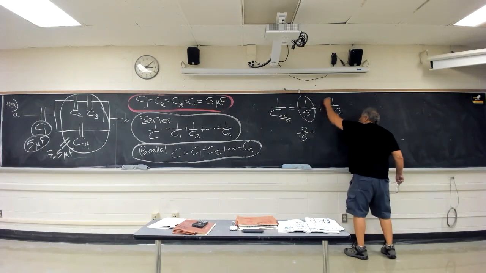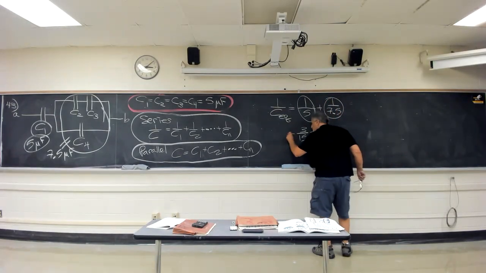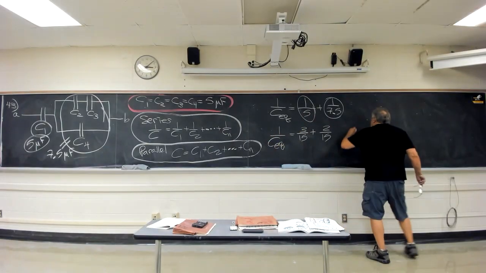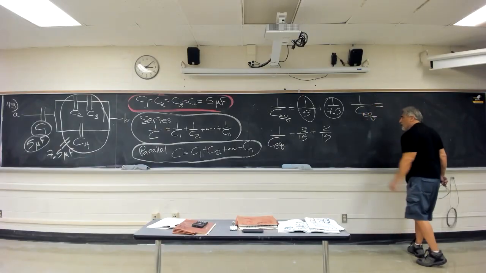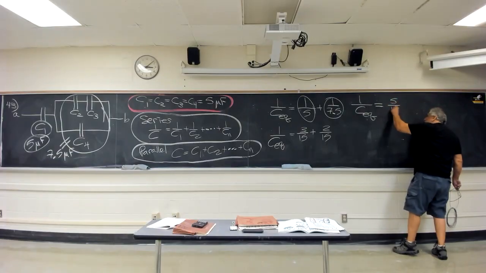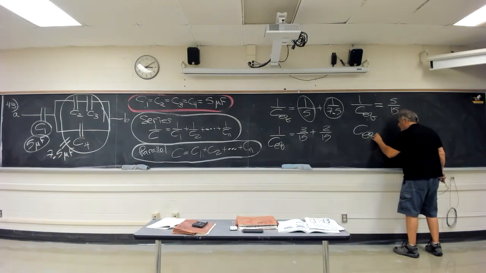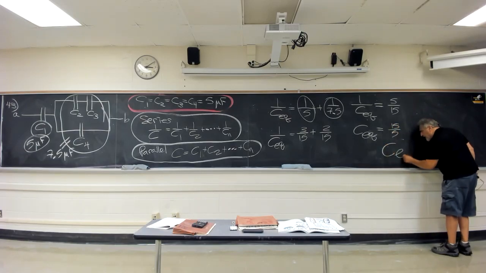You multiply this one by a special one called 2 over 2, you get 2/15. This is 1 over CEQ. 3/15 and 2/15 is 5/15. If two things are equal with non-zero numbers, their reciprocals are equal. Okay, there it is, guys. Sorry about that.